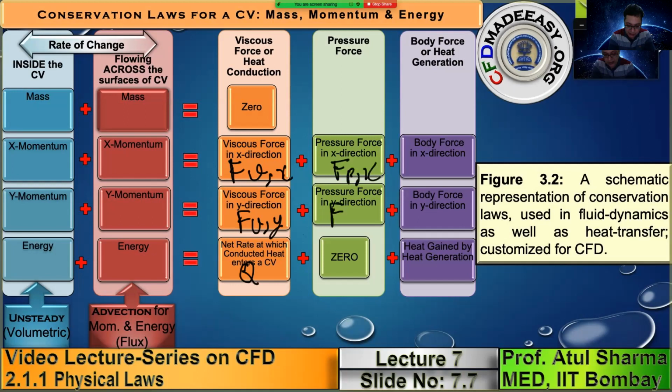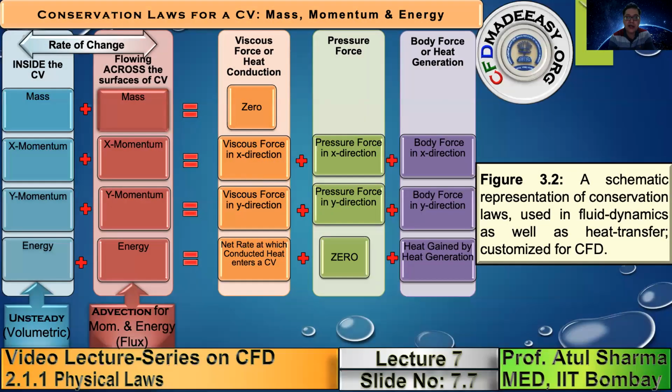This is the pressure force acting in the y direction. And this is the body force acting in the x direction. This is the body force acting in the y direction. And it is the total heat which is generated by volumetric heat generation. So these are the symbols which we use for the right-hand side.